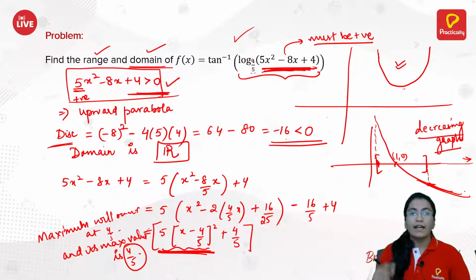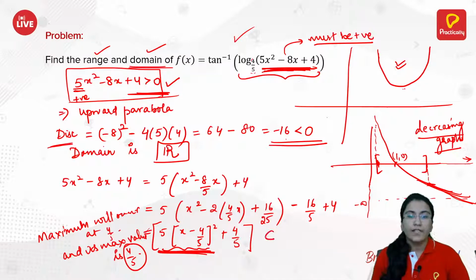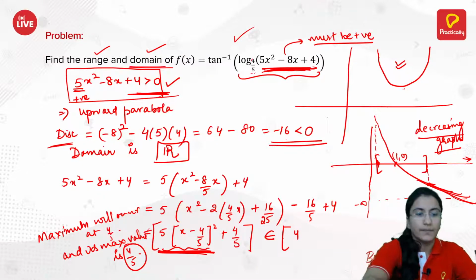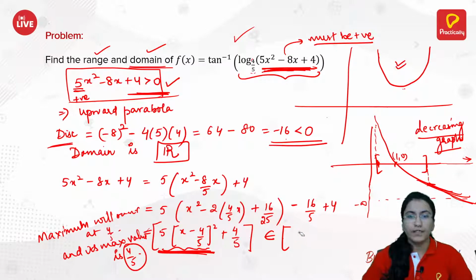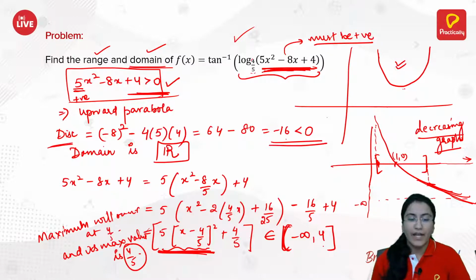So that means basically the minimum value you will have is minus infinity. So this value is in between minus infinity till 4 by 5.